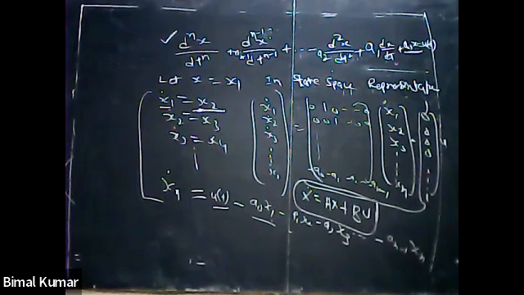the number of state variables is equal to the number of inductors and the number of capacitors present in the network, right? Let us suppose in any network we have 2 inductors and 3 capacitors, then the number of state variables is equal to 2 plus 3, 5, right?